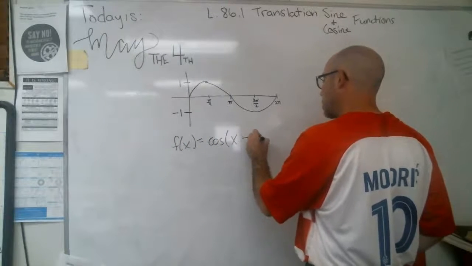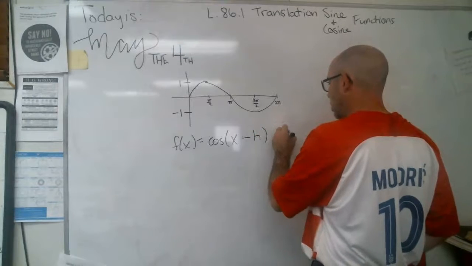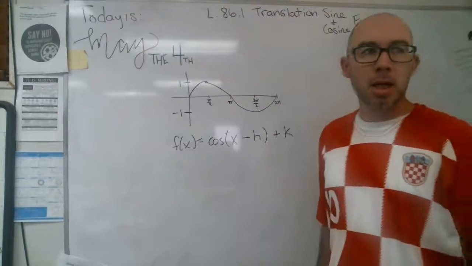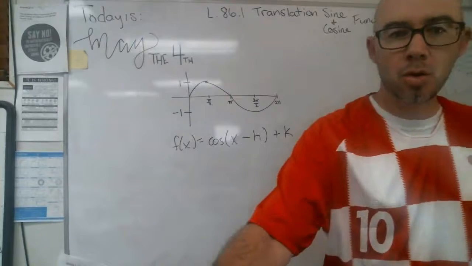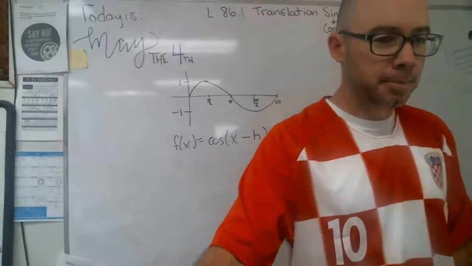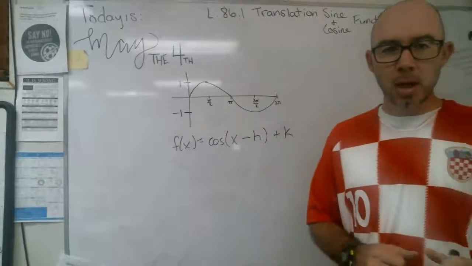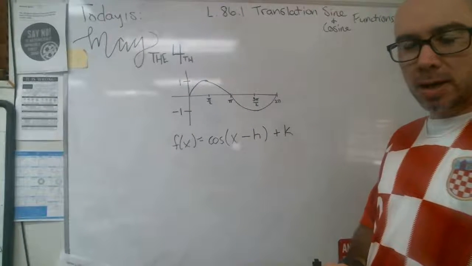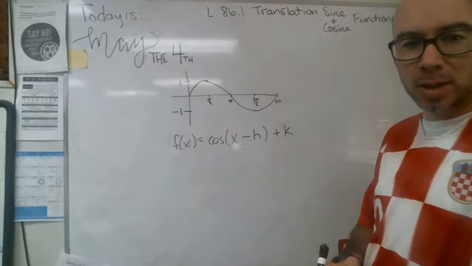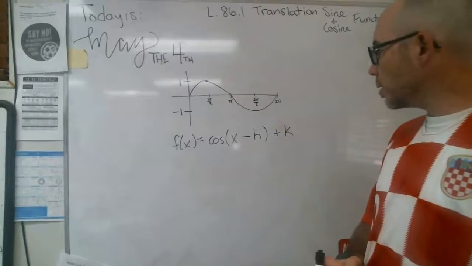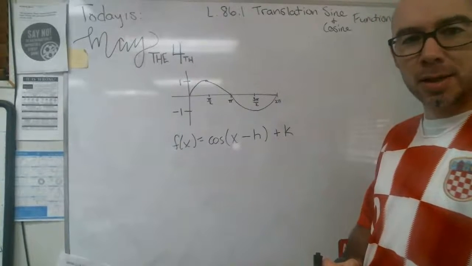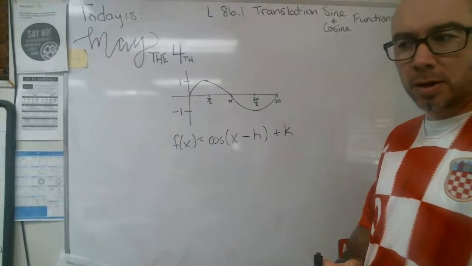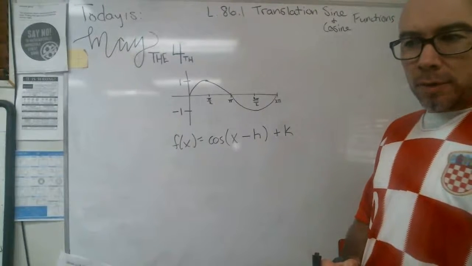x minus h plus k. I'm going to write it like that to make it kind of look similar to parabolas. I write it like that so that, at least, we'll make an analogy, that the h, k used to be like the center, or the vertex, I guess you should say, of a parabola.